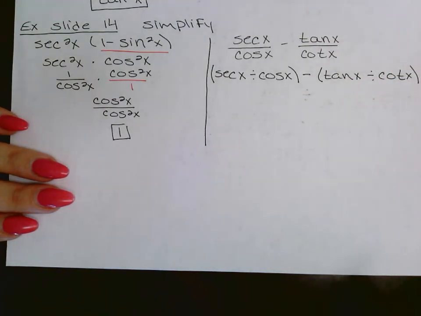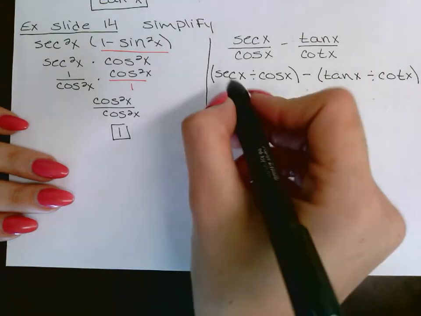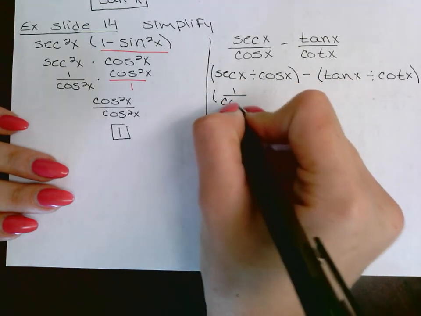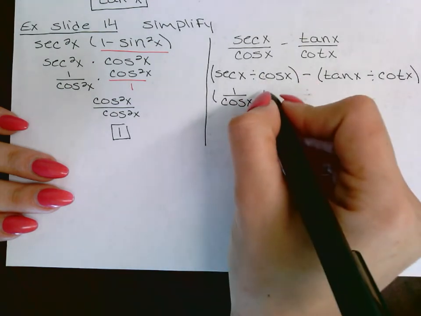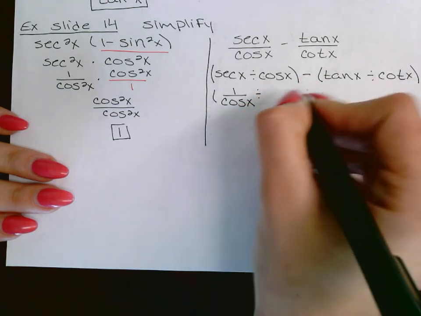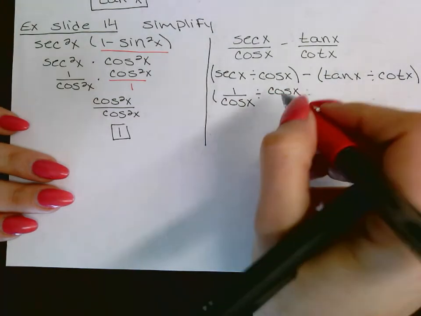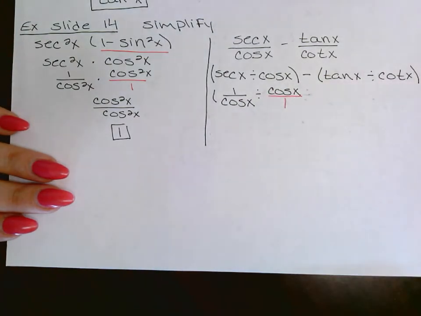Okay? So now I'm going to start changing things to sine and cosine. Secant becomes 1 over cosine of x divided by cosine of x, and I'm going to write that over 1 so I can see the fractions nice and clean, okay?